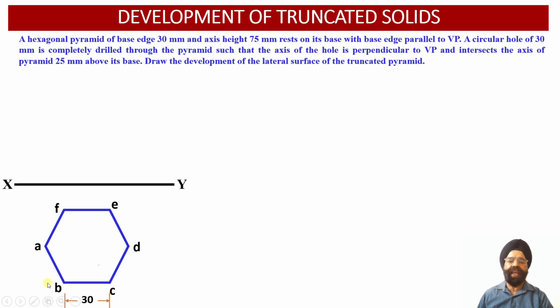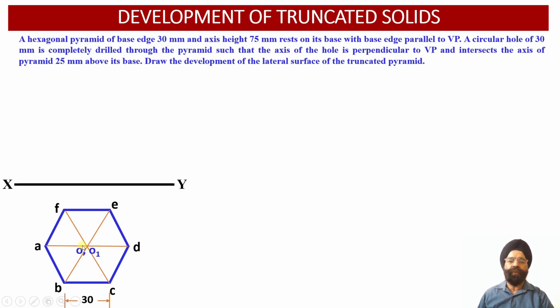The points A, B, C, D, E and F have been appropriately located in the top view projections. Now we need to find the axis of this hexagonal pyramid. So we join the diagonals AD, BE and CF in the top view.